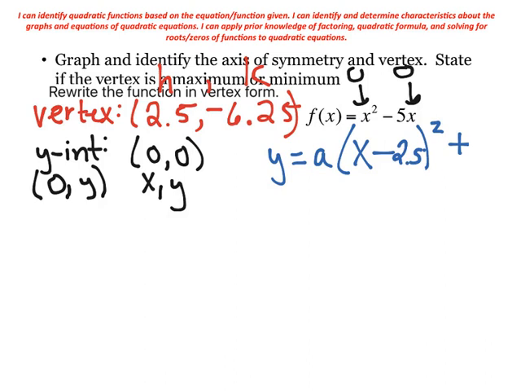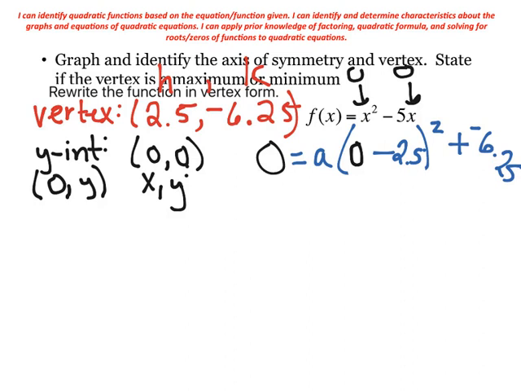Instead of the k value, I can plug in negative 6.25. If you want to make that just minus 6.25, it's the same thing. You're more than welcome to do that. Something else I know, instead of the x variable sitting there, I can plug in 0. And instead of the y variable there, I can plug in 0.